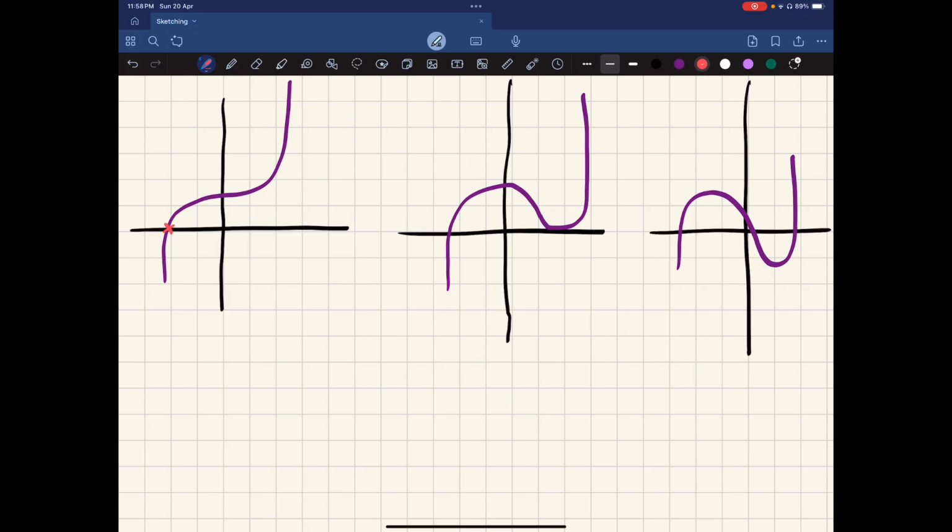This is only one root, one x-intercept. In this case, it has two. Here it is just tangent to the x-axis. So we have 2 x-intercepts, and in this case we have 3 distinct intercepts.